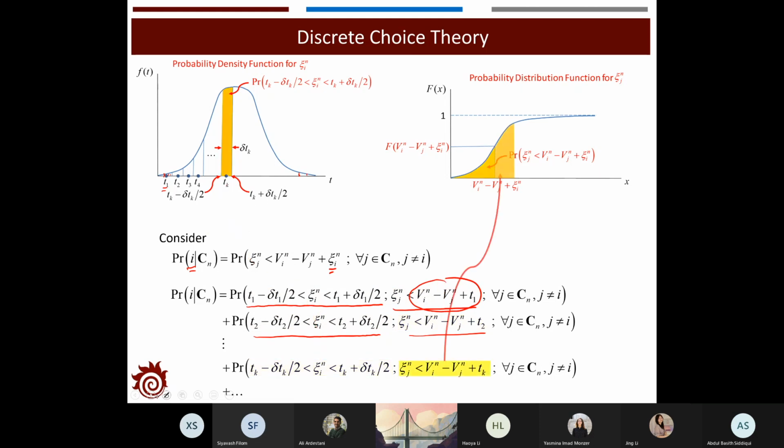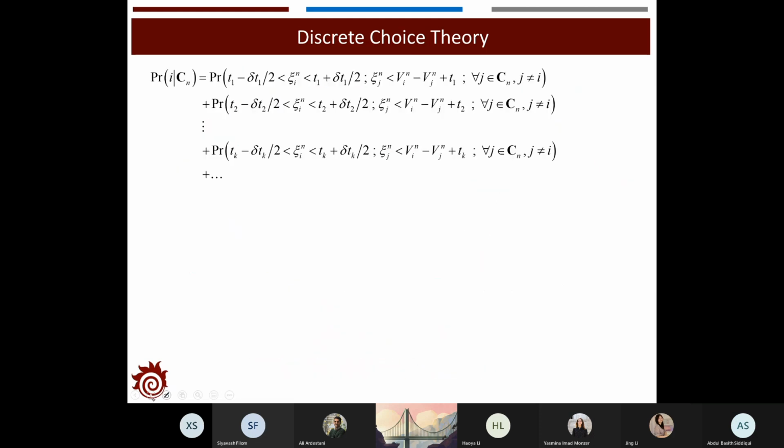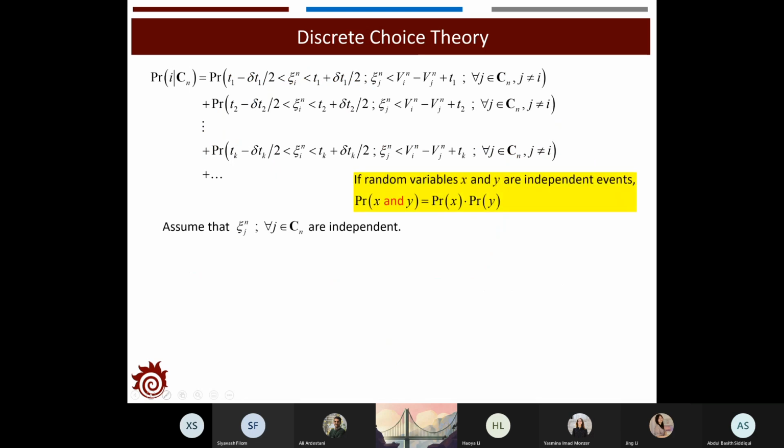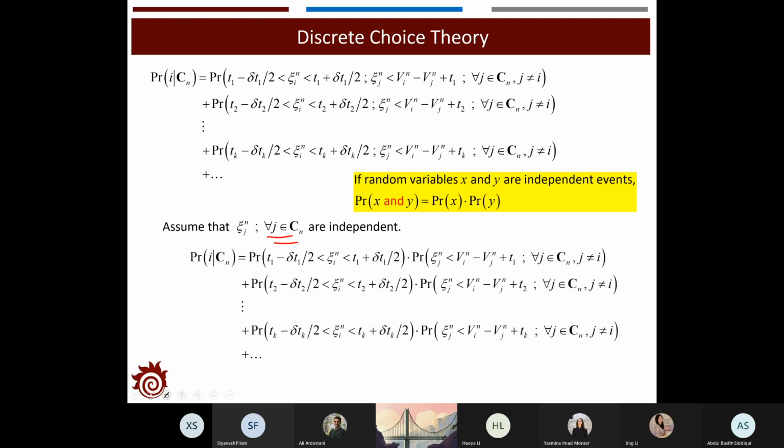If you summarize them together, based on the independence of all the random terms, for all the J in this alternative sample, you can get the full expression for the probability of I by replacing the capital J minus 1 different alternatives in this formula.